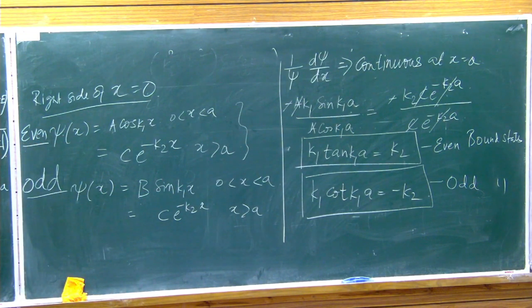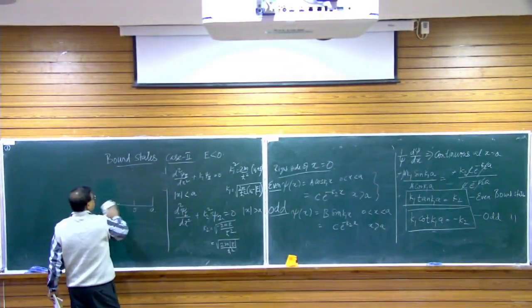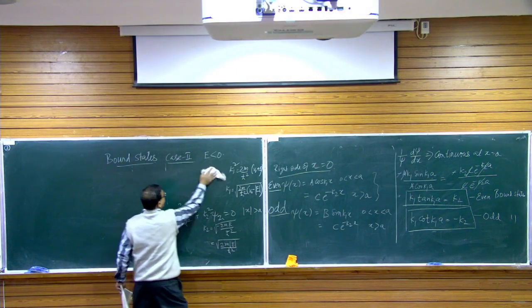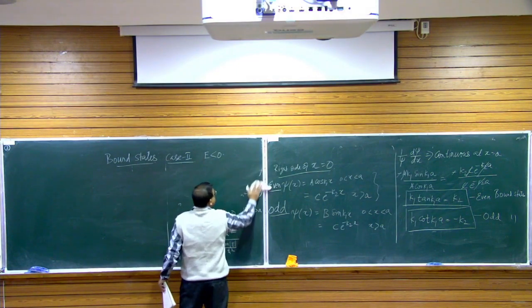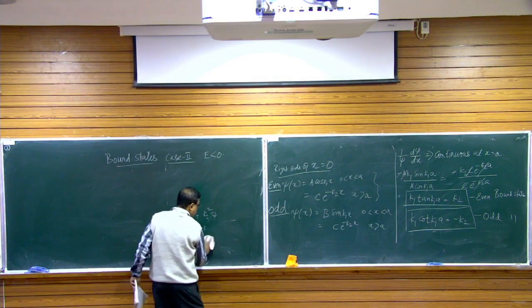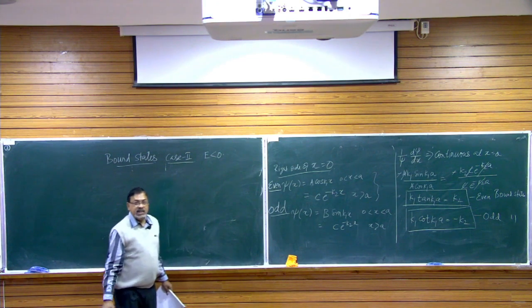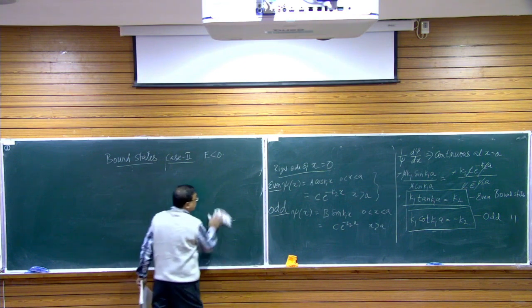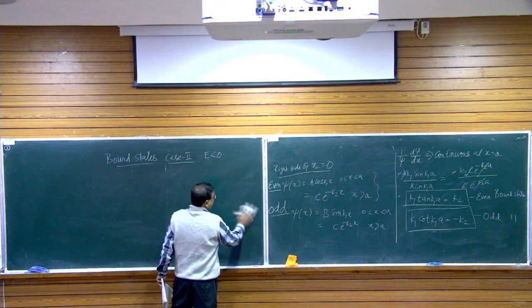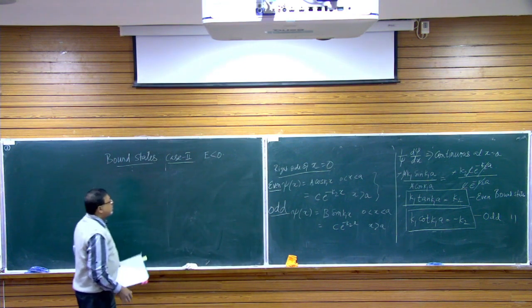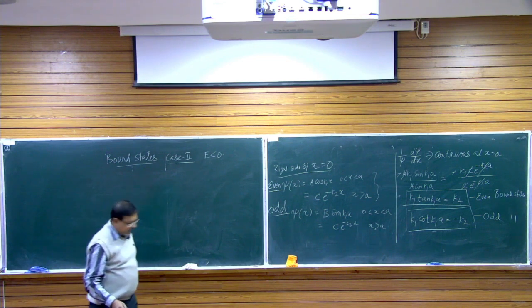So now let me also remove the figure, because now you know what figure we are talking about and what situation we are in. We have already considered E greater than 0, and now we are talking about E less than 0.